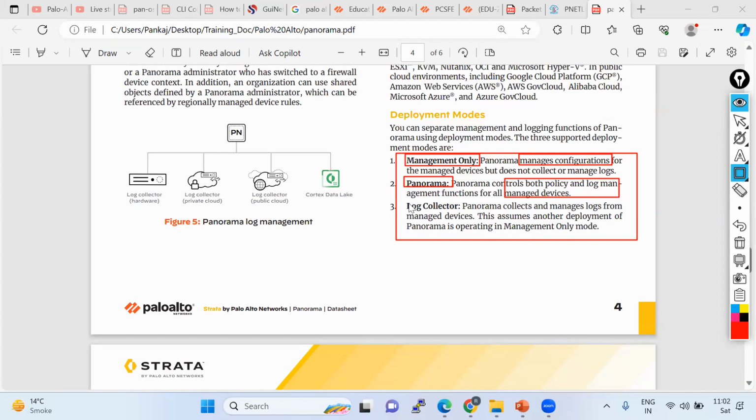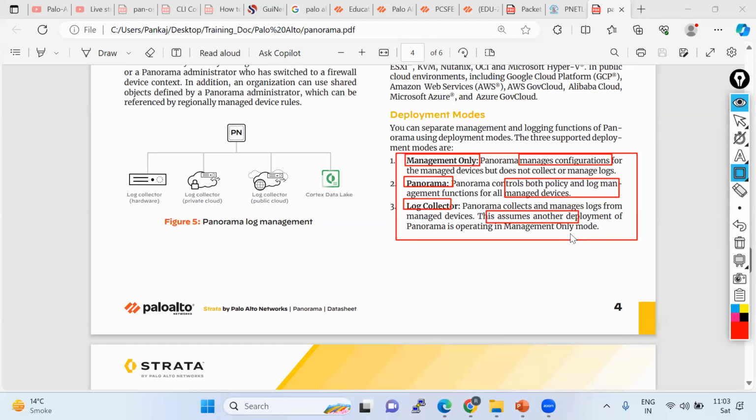If you deploy in log collector mode, it is just going to manage the logs only. So we'll discuss three flavors. You have to think how you can deploy it. The hardware is a single device, and in your hardware you can configure any hypervisor. After that, in any VM, you can put different modules, like management. No, no, no, understand.